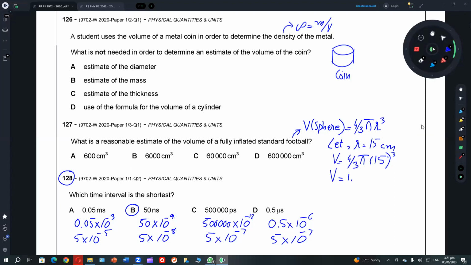Almost like 14,000 the answer is coming. Now it's close. B looks sensible because cm cube is milliliter.